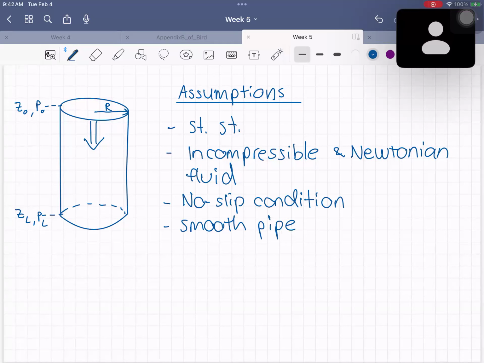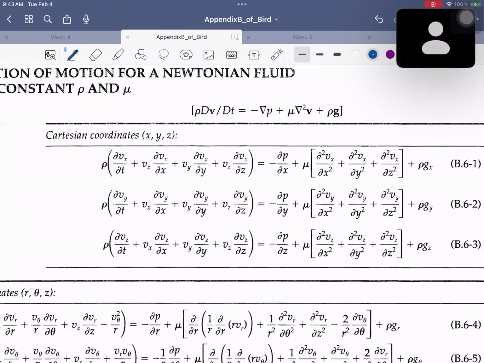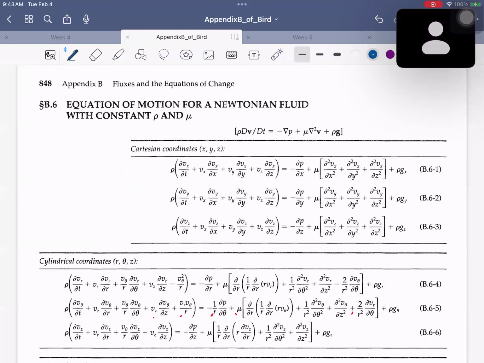All right, so how do we start for this one? We're going to start this exercise, which is the basic one, and it's in cylindrical coordinates. So of course, we're going to apply this equation from Appendix B, which is B6.